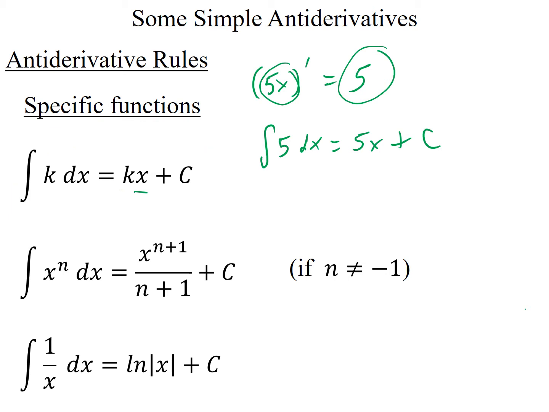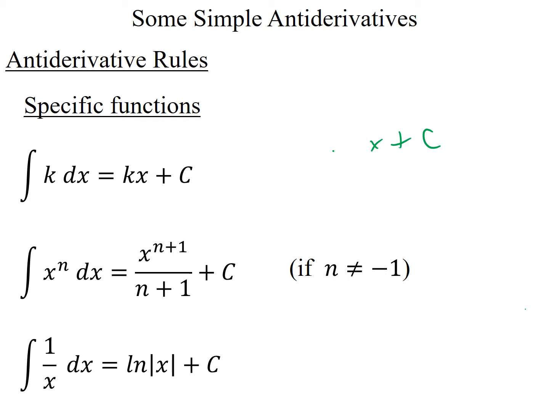Okay, the second rule that's on this slide here says, what if you want to take the antiderivative of x to a power? So the function we're finding the antiderivative of is x to a power. It's very important that there's an x as the base and the power is a number. So let me just write here that this has to be x.